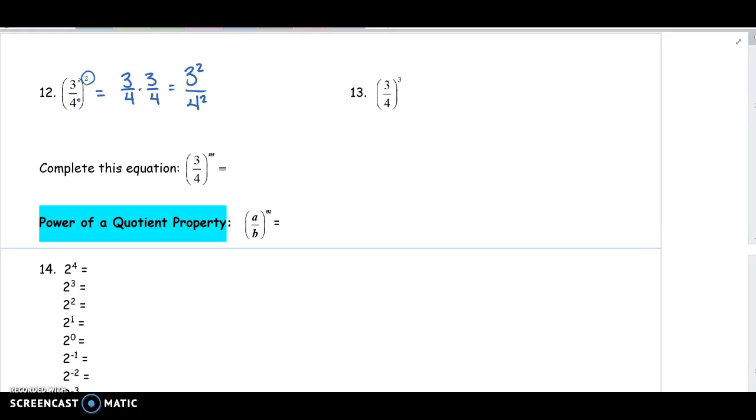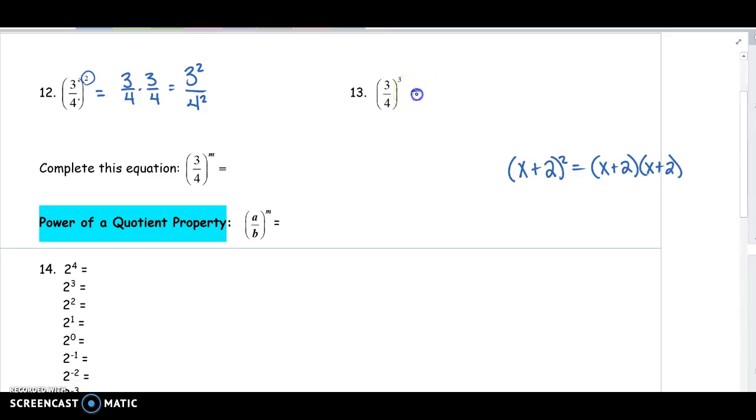If it's addition, you can't do it. So if it's something like x plus 2 squared, that means x plus 2 times x plus 2, and you'd have to double distribute or FOIL. You can't just do x squared plus 2 squared. It doesn't work when it's addition and subtraction. This property only works when it's multiplication or division.